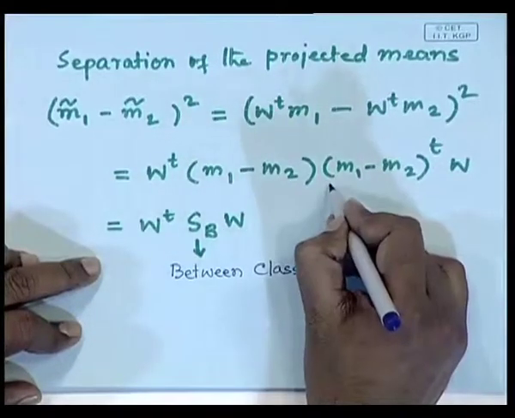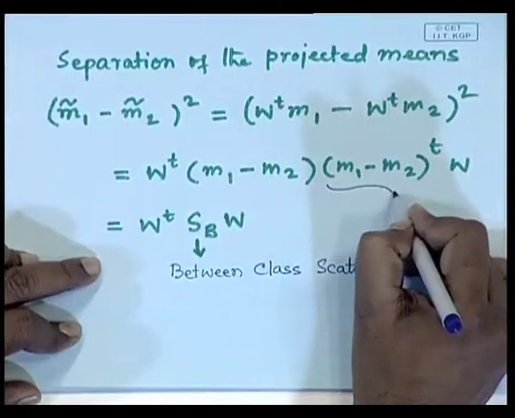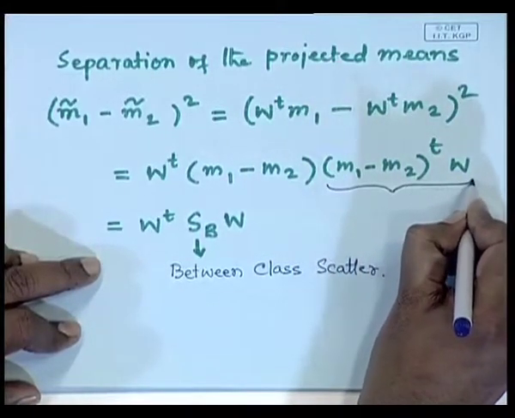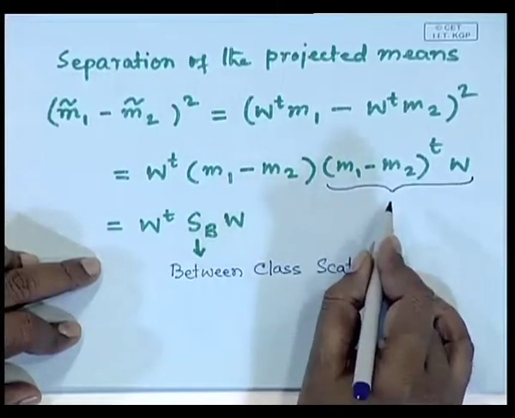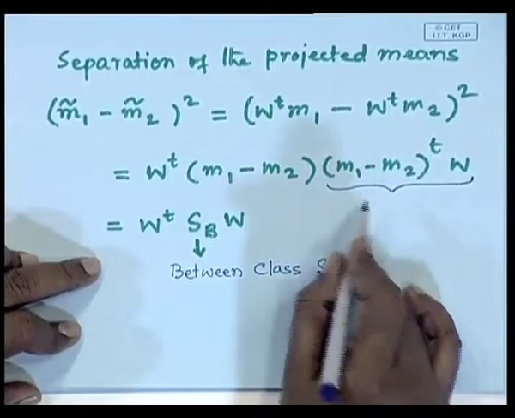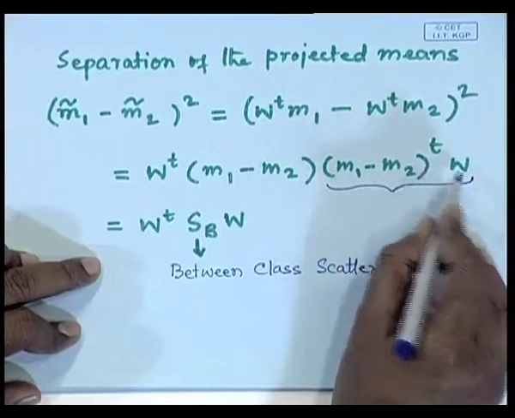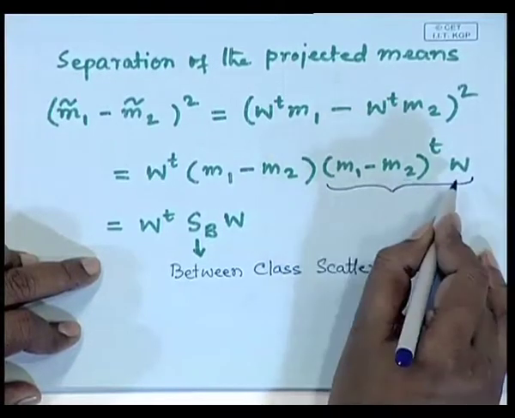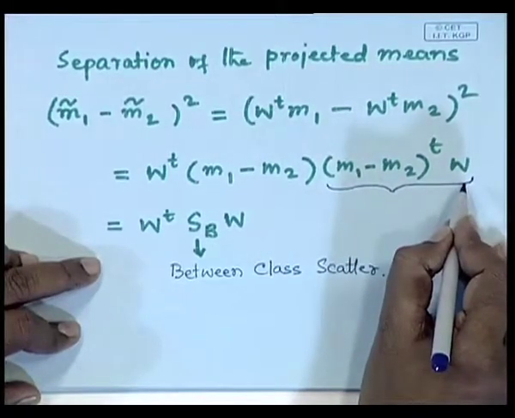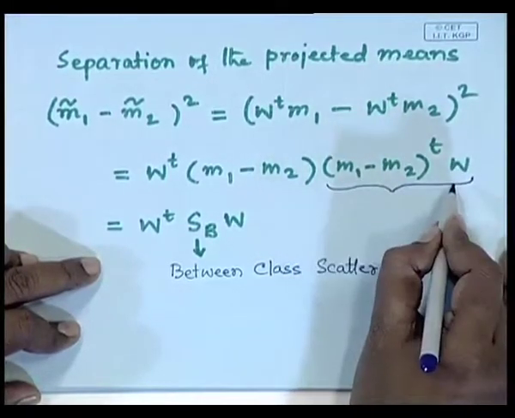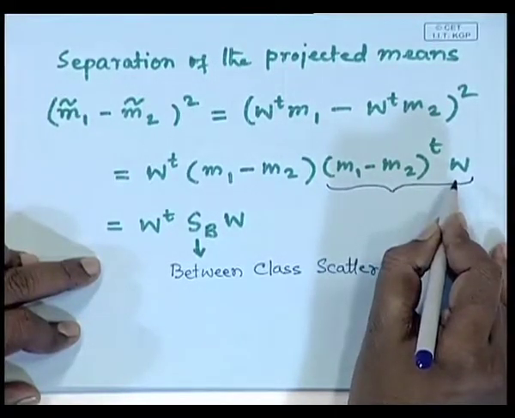You find that when I consider this portion, M 1 minus M 2 transpose W, this is the inner product of two vectors, because this is a row vector and this is a column vector of the same dimension. As it is an inner product of two vectors, it is a scalar.